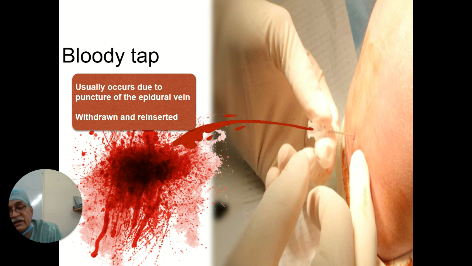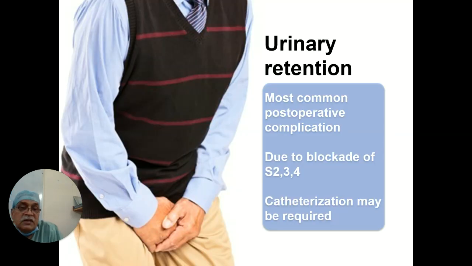If you go further and touch the posterior longitudinal ligament, then there is a possibility of the epidural plexus of veins being punctured there. The epidural hemorrhagic tap is more likely to come in the paramedian approach rather than the midline approach.